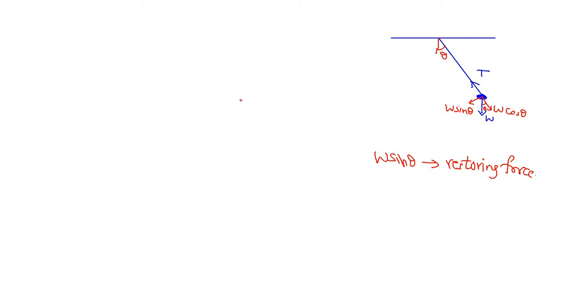Now I'm going to solve this in terms of torque. So the net torque acting on the pendulum, we know from Newton's second law, is I alpha, right? And so the torque that is being applied on this mass around this pivot point: this force obviously goes through the pivot point, so there's no torque due to this force.